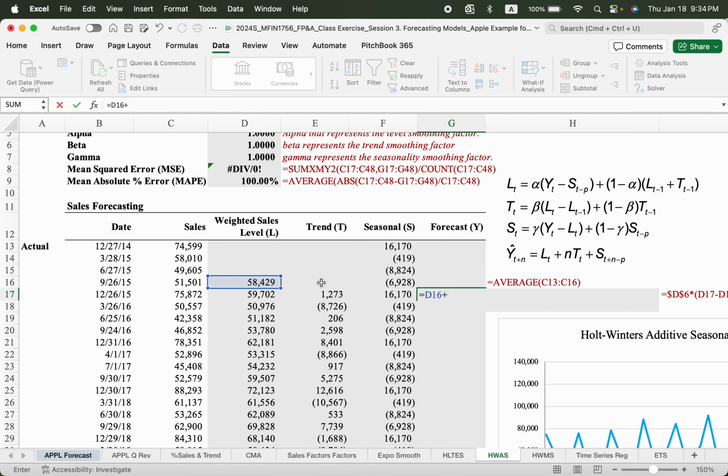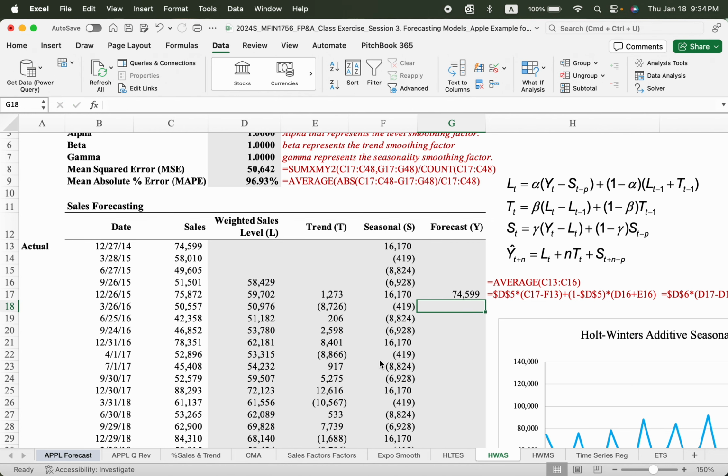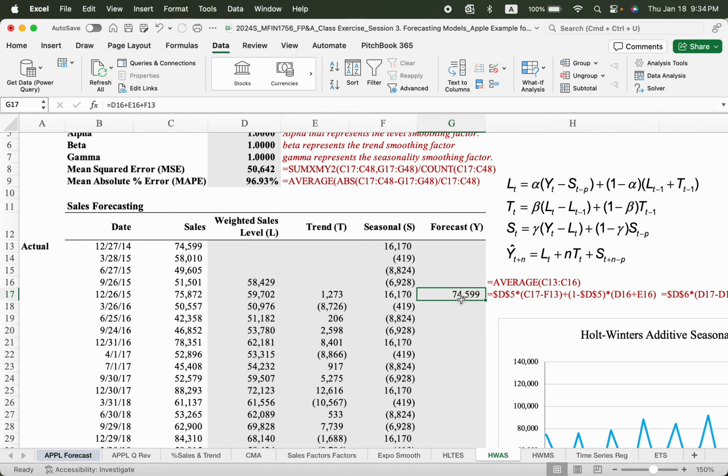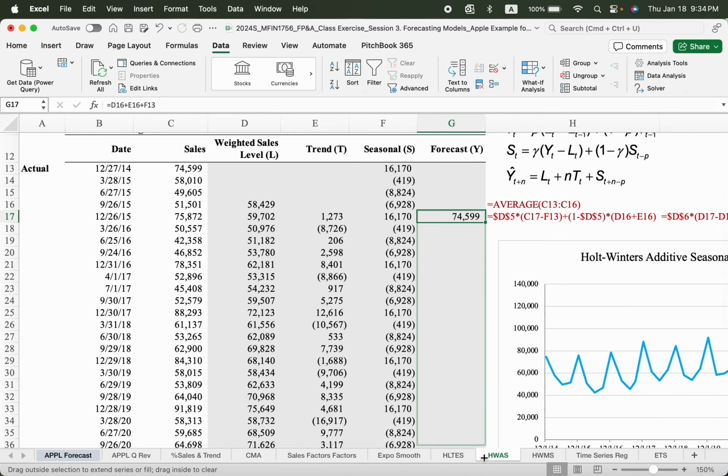So 16, and then plus the seasonal factor, the same period, and then enter. So let me check again if it is correct using this equation. We correctly applied this equation. I think this is correct. And then let's drag down.